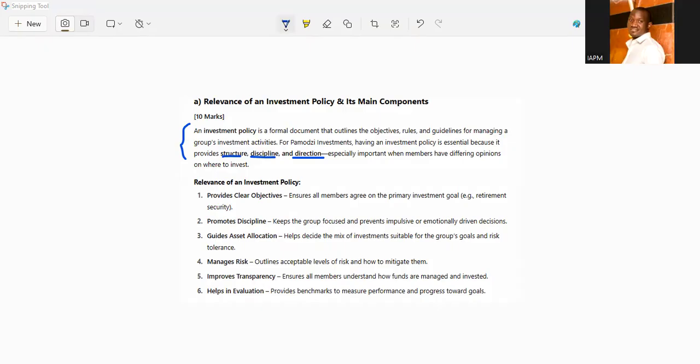So this policy is also important to improve transparency because the policy will serve as a reference document which will explain how the investment decisions are to be made and implemented. And it will also help in evaluation. So the policy will be set as a benchmark for performance standards and will help evaluate the investment goals. All right.